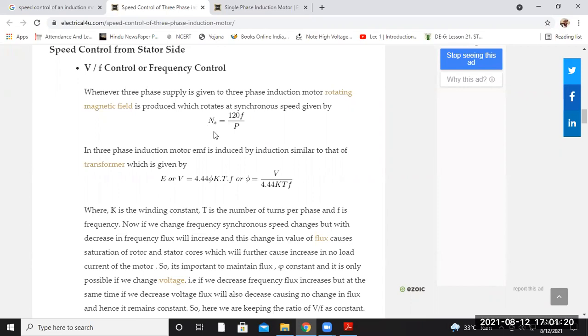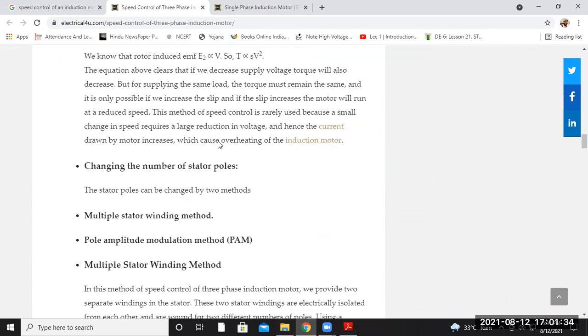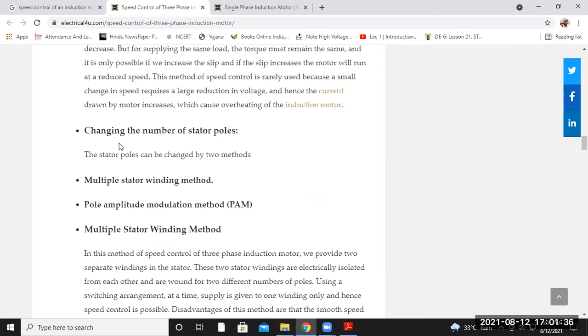As Ns is inversely proportional to the number of poles, if we increase the number of poles, the synchronous speed will decrease. That means if P is increasing, then Ns will decrease, and if P is decreasing, then Ns will increase.